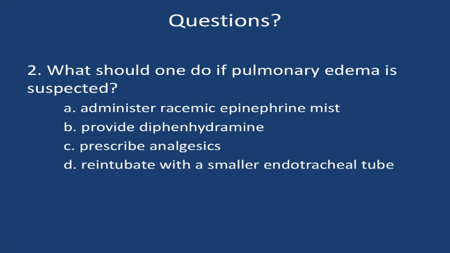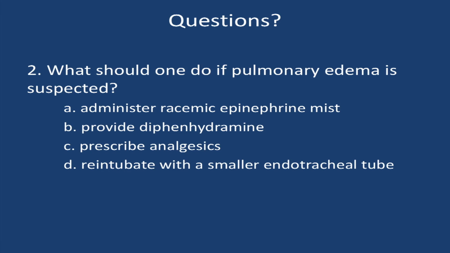So one would look carefully at the pulmonary edema and administer racemic epinephrine mist and some bronchodilators. Provide diphenhydramine, that's Benadryl, a drug that we use for allergies. Analgesics are something that we might use to control pain or discomfort, or we might want to reintubate with a smaller endotracheal tube if you notice that you have pulmonary edema occurring because of irritation and trauma to the respiratory tree.